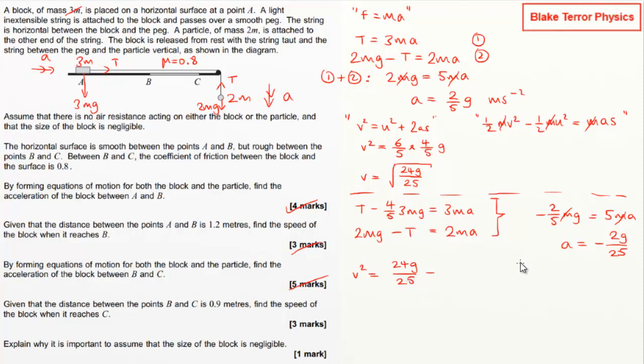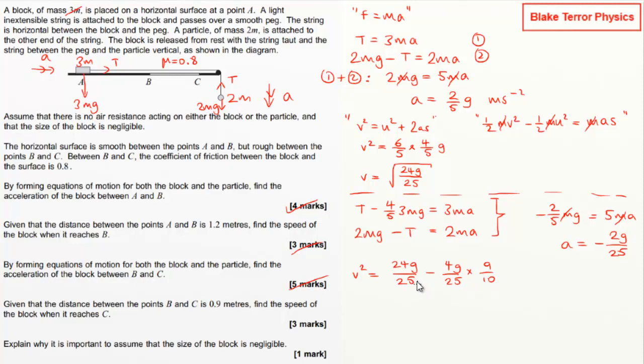The 2a is negative because we've got a negative acceleration, so 4g over 25 is our 2a, and s, what was it, 0.9 multiplied by 9 over 10.